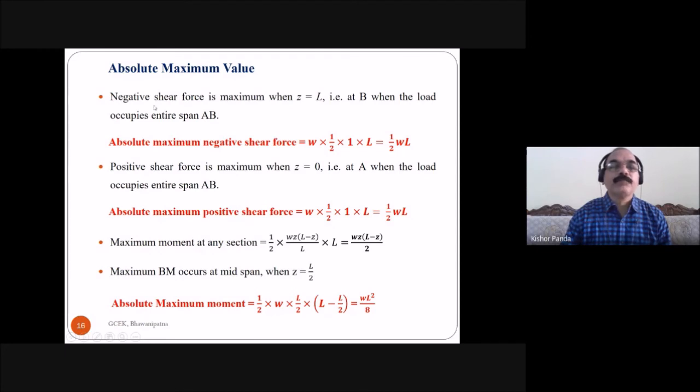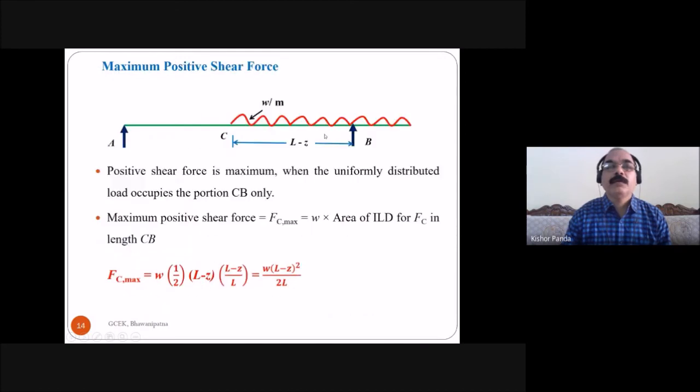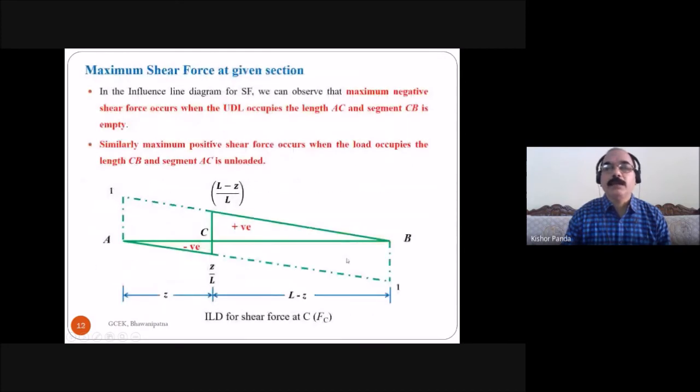Here also you will get the maximum negative shear force when Z is equal to L. When Z is equal to L, that is, this is the Z, and when Z is equal to L, that is at the support B. There you will get the maximum negative shear force, the absolute maximum negative shear force. And when Z is equal to 0, that is at support A, you will get the maximum positive shear force.